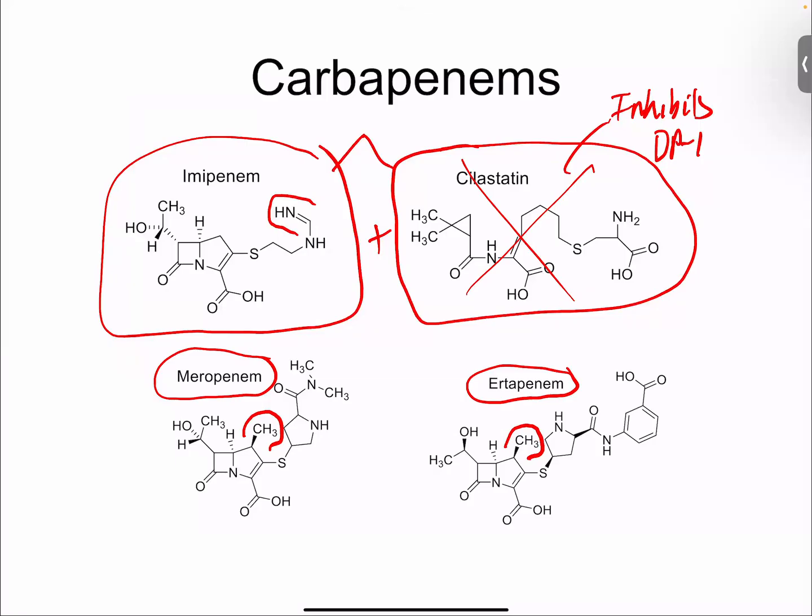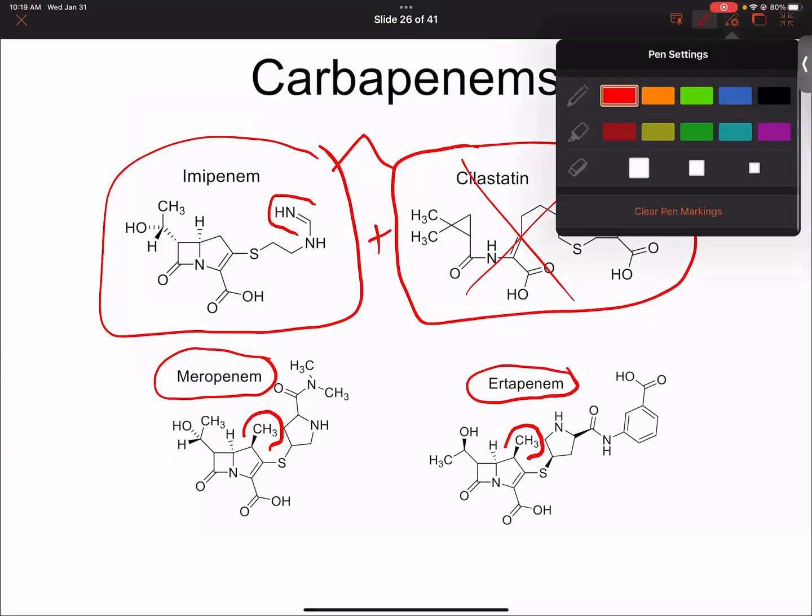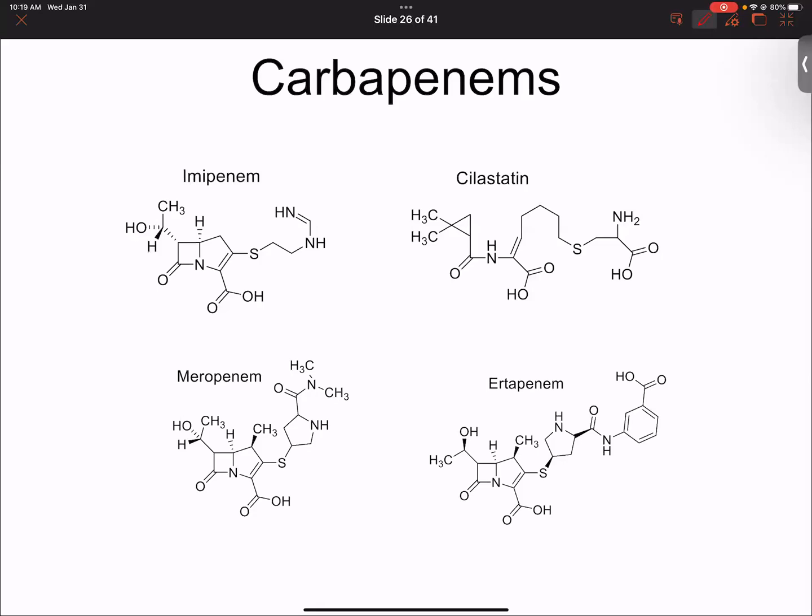The difference between a carbapenem and a cephalosporin is hopefully somewhat obvious to you at this point. Notice that you have the 4-membered beta-lactam ring, and here it's annealed to a 5-membered pyrroline ring, okay? And there is no sulfur in the ring system. The sulfur is exocyclic, right? So it exists outside the ring.